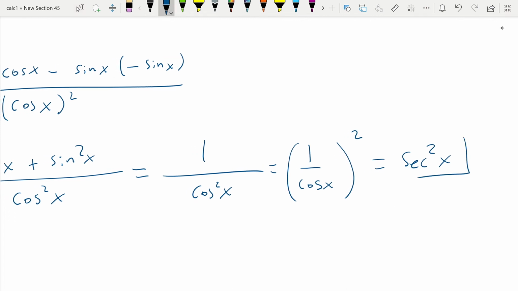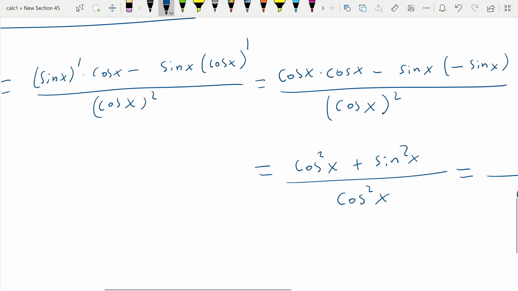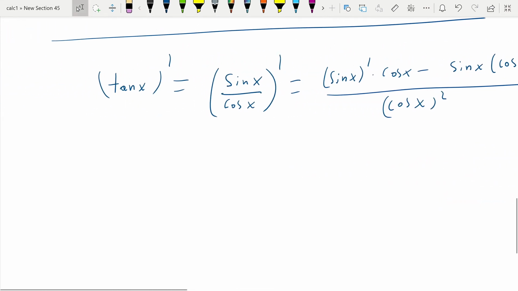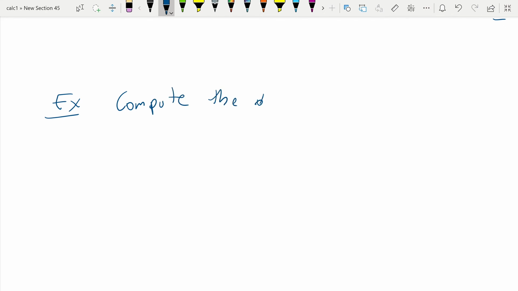And so, as I said, all the other derivatives can be derived very similarly. Now, let's try to compute the derivative of f of x equals x times e to the x times cosine of x.